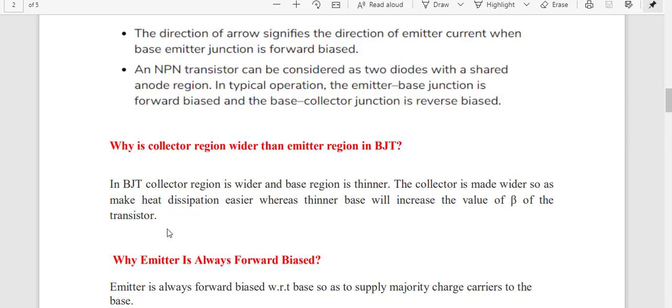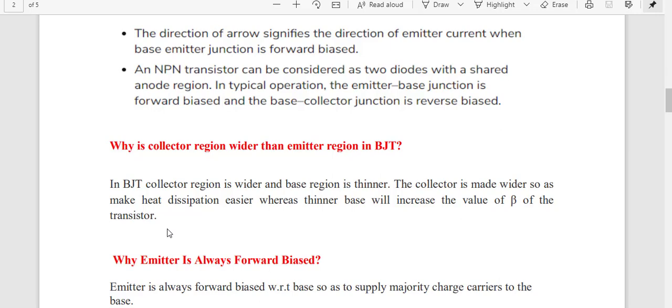Basically, if our collector region width is greater compared to the emitter and base, the reason number one is to dissipate the power easily. Okay. Now if dissipation is lower, then what happens? That means the maximum heat will be absorbed by this device. In that case, the device may be burned out.